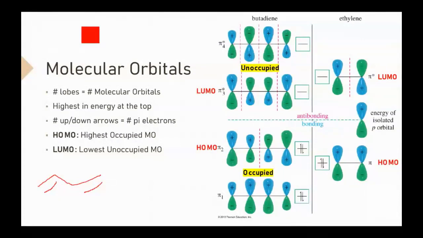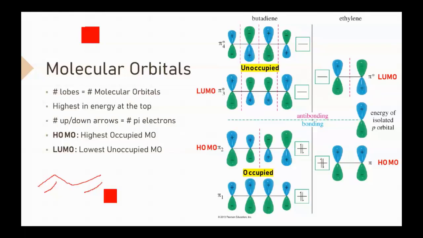Yeah, like that. Anyways, so here you have your butadiene. You have 4 sp2 carbons, meaning you have 4 lobes in your molecular orbitals. 4 lobes, that means you have 4 different types of configurations you could have.